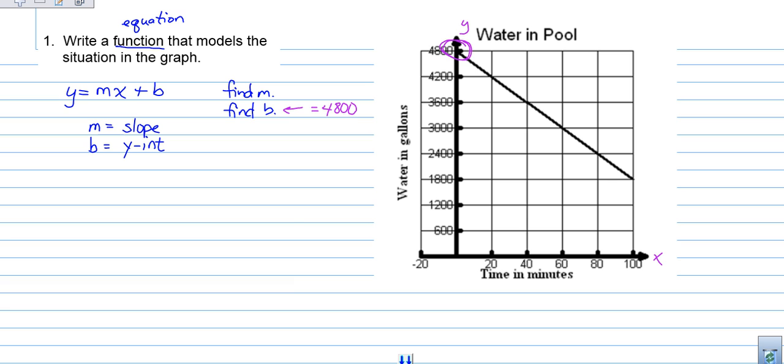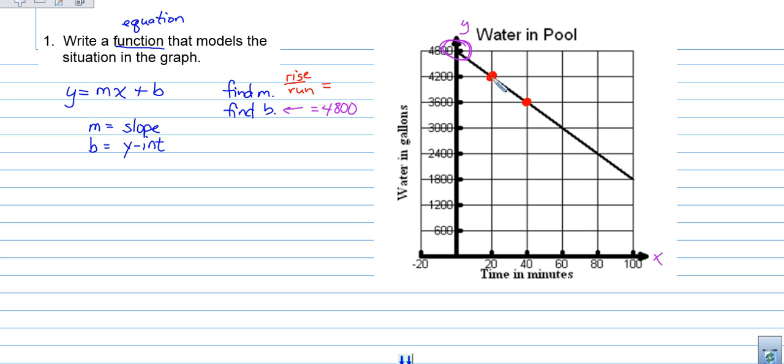Now we need to find m. Well, that's rise over run in a graph. And so just pick two spots that go perfectly through the middle of these things. They're called crosshairs, or the grid, perfectly in the middle of a grid. You could have done here. You could have done all the way down here. It doesn't matter.